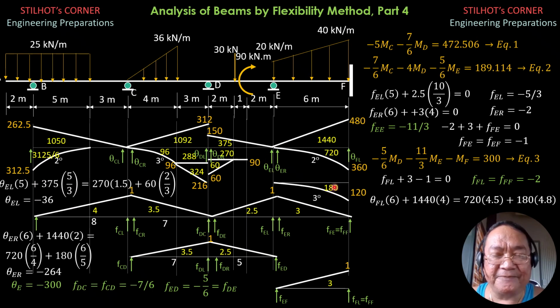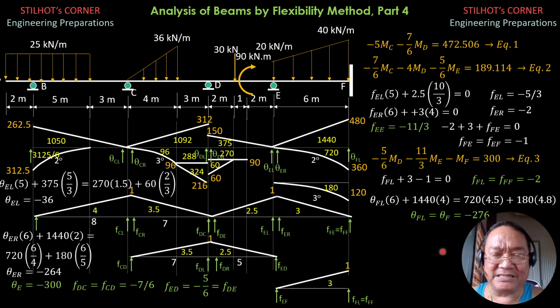Then this is 4, so the distance from the left is 4. This is 4 over 4, 6 over 5, 1.2. So the distance of the centroid of the 180 area from the left is 4.8. So solving for theta F left, which is theta F, it is equal to negative 276.